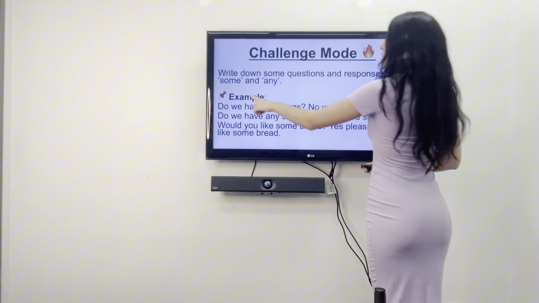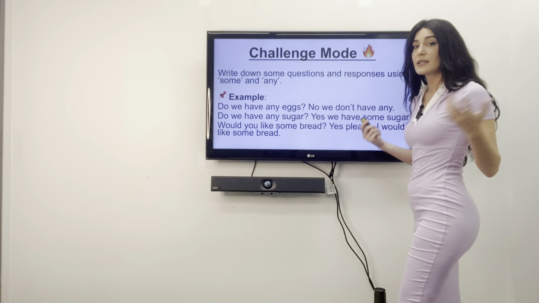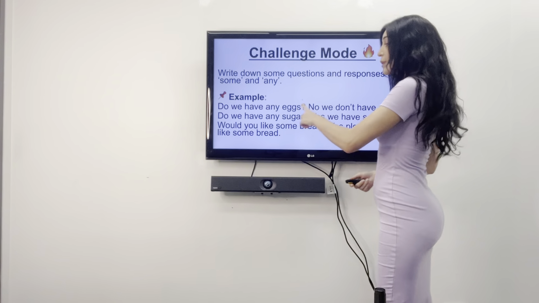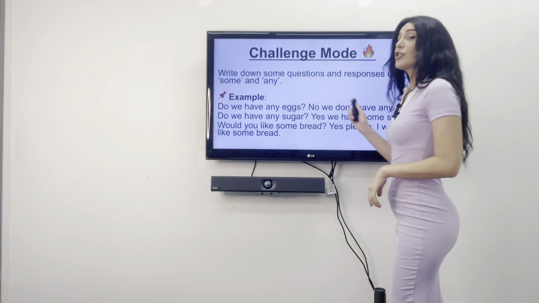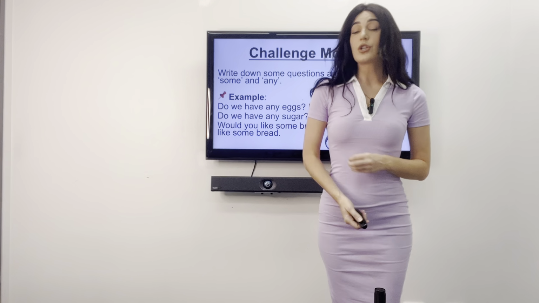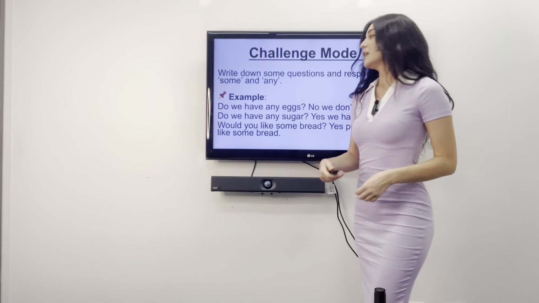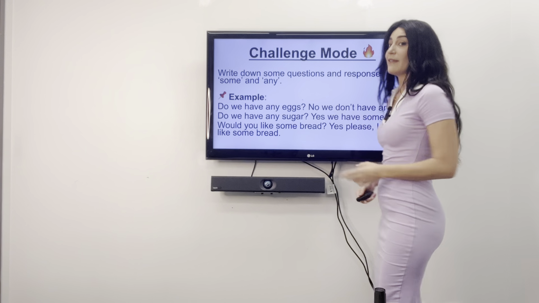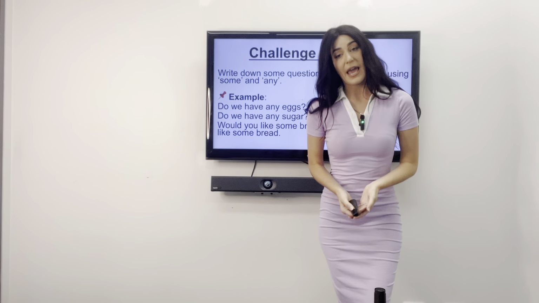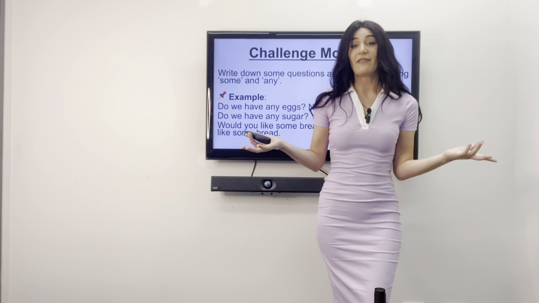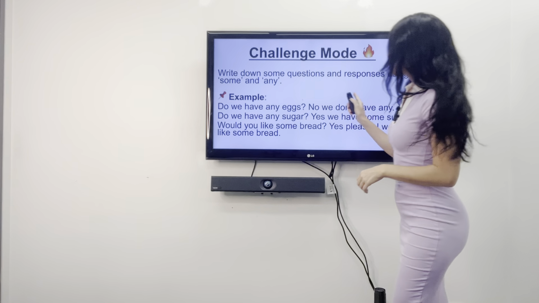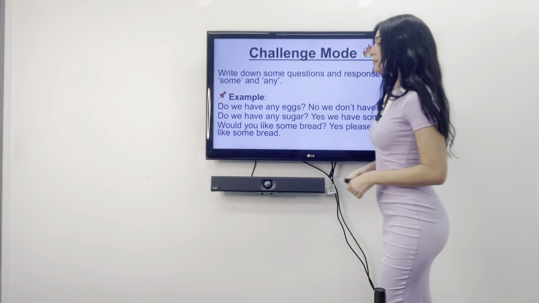For example, do we have any eggs? I'm asking a question. Do we have any eggs? The response, no, we don't have any eggs. All right. So that was a negative. We don't have any eggs. That's negative. We don't have any. So I used any.